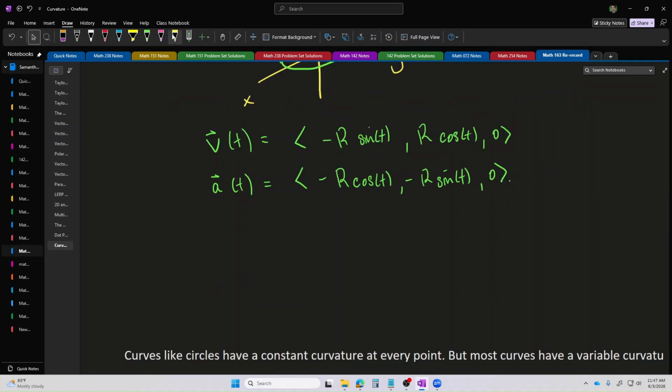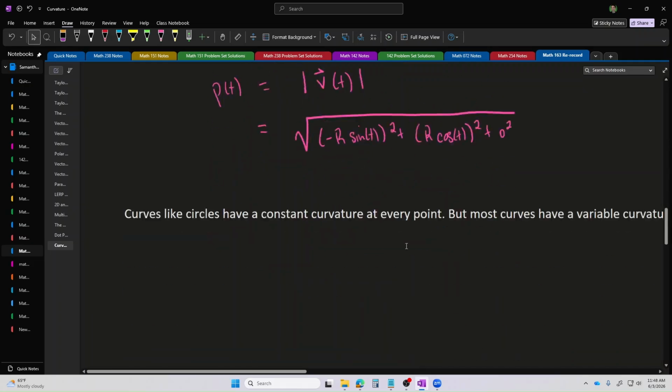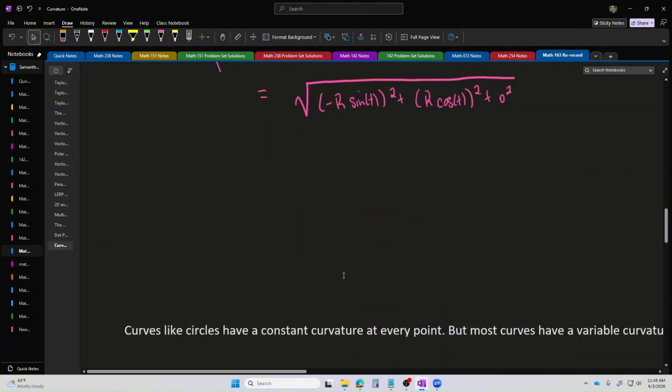While I'm here, I can go ahead and get the speed function, which is the magnitude of velocity, and I can calculate that in the normal way by taking the x component of velocity, squaring that, and the y component of velocity, squaring that, and the z component, and then simplifying that result.